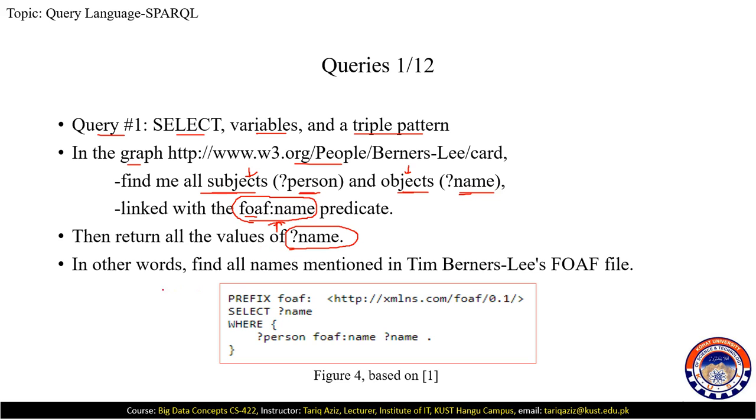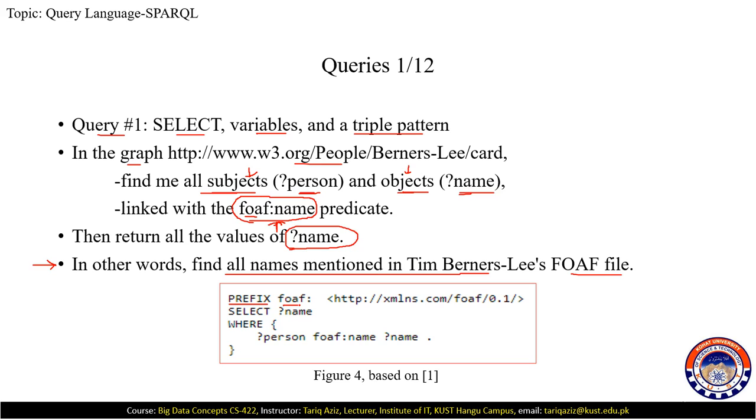Now, dear students, this is the last point. It says that another way of saying this is: find all names mentioned in Tim Berners-Lee's FOAF file. Now look at the query. First of all, you have to mention the prefix. We discussed this prefix: if we want to abbreviate our resource, we have to use this declaration, known as prefix.